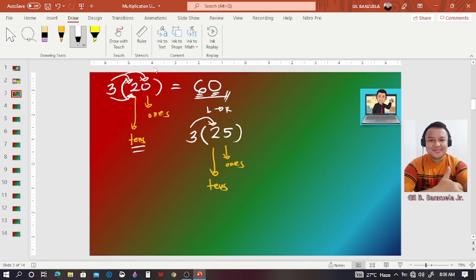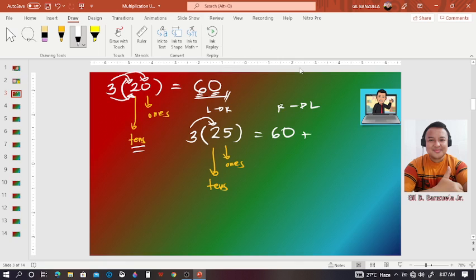Sa basic education natin, ang ginagawa natin when we multiply is right to left. But this time, left to right tayo. So 3 times 2, again, that is equal to 6. And since that is on the tens place, we need to add a 0. Remember, we are on the tens place.